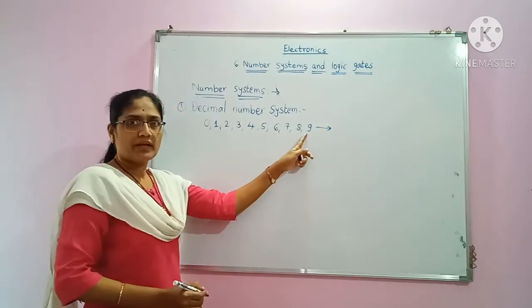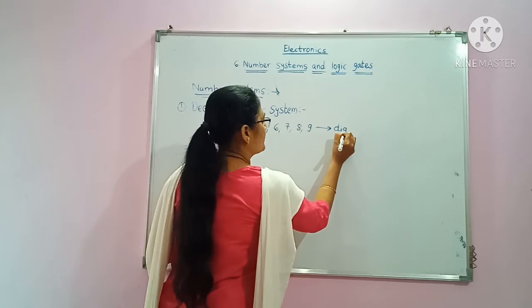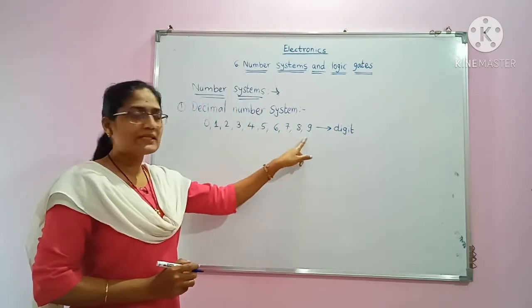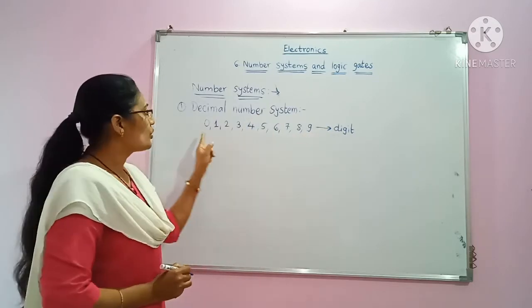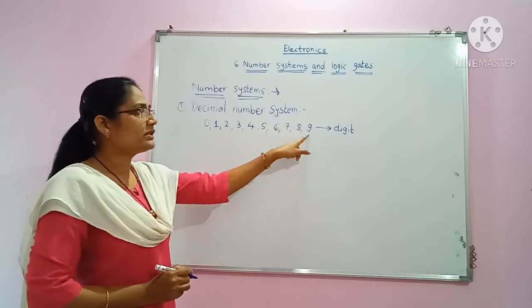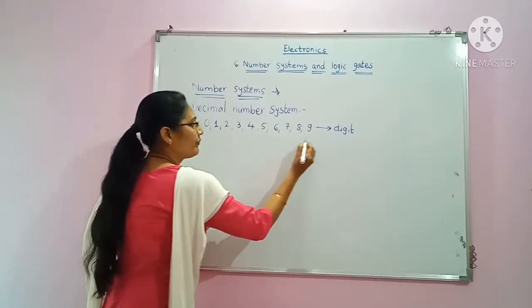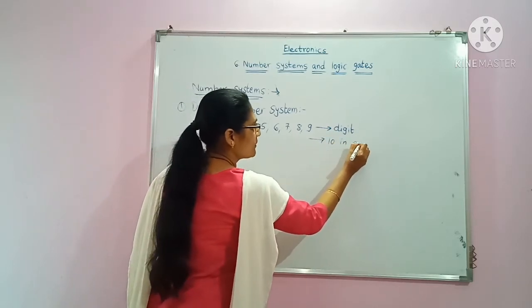Each number is called a digit. So we are dealing with these digits, and these digits are 10 in number.